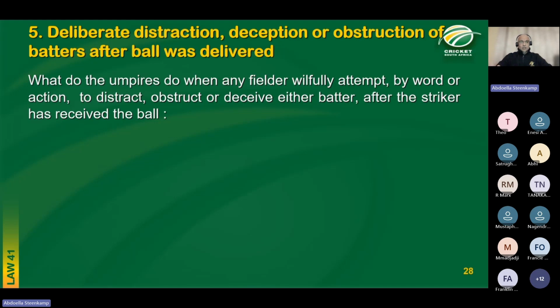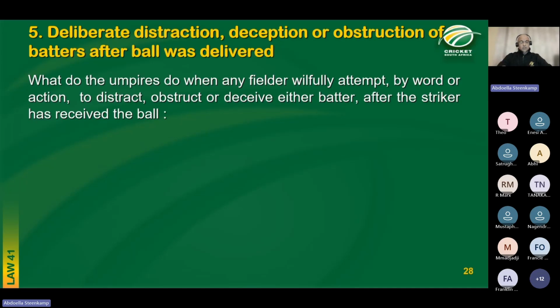any fielder can cause this distraction, deception, or obstruction, but the first and very important thing that needs to be determined is, was it a willful or a deliberate attempt by any of the fielders to cause this distraction, deception, or obstruction?